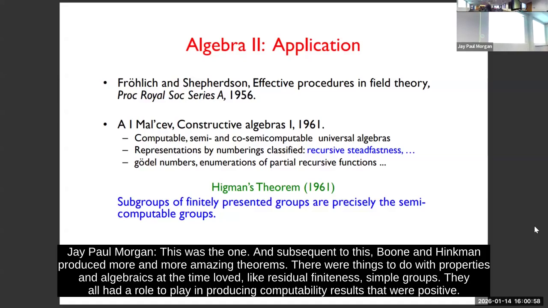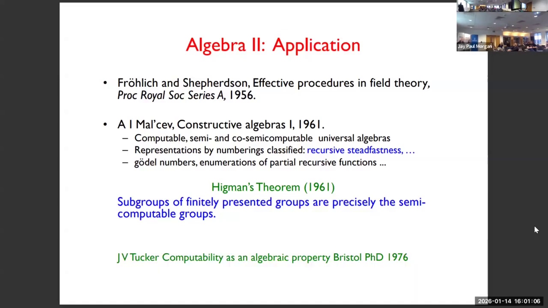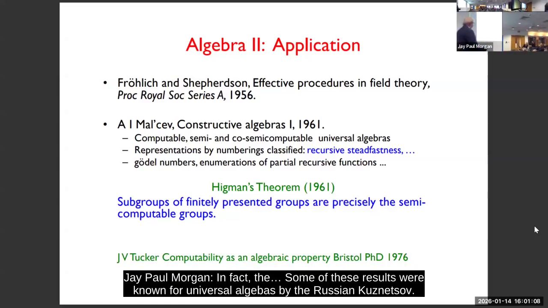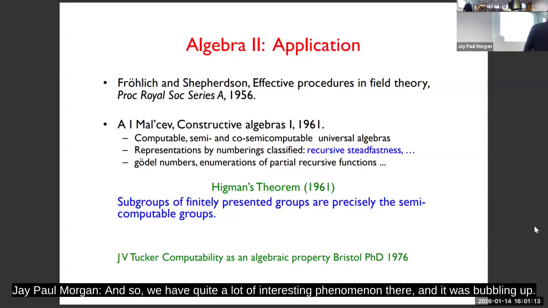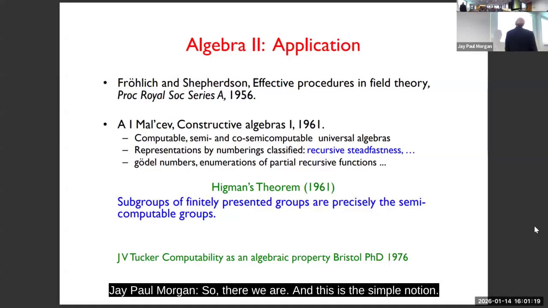There are things to do with properties that algebraists of the time loved, like residual finiteness, simple groups. They all had a role to play in producing computability results that were positive. In fact, some of these results were known for universal algebras by the Russian Kuznetsov. And so we have quite a lot of interesting phenomena there, and it was bubbling up.